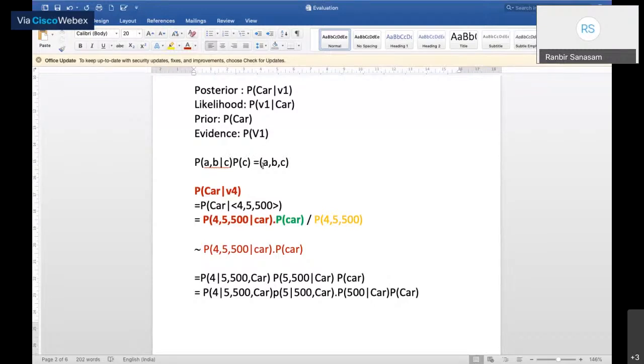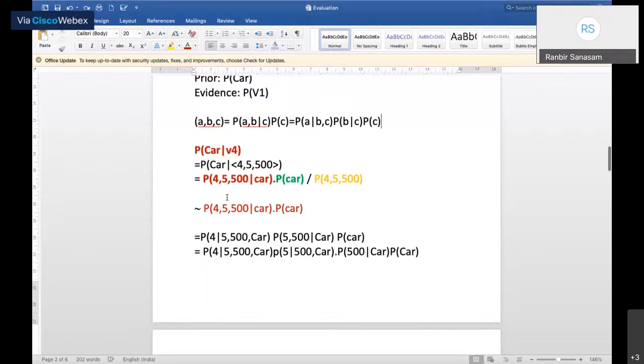I think you remember the chain rule. This can be further divided into something like probability of A given B comma C, probability of B given C, probability of C. So this is the chain rule, and I am just applying that here.